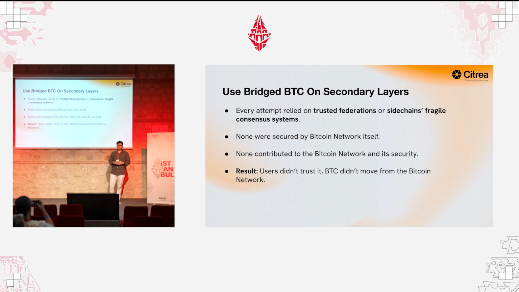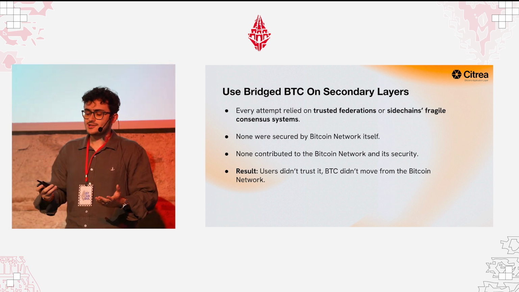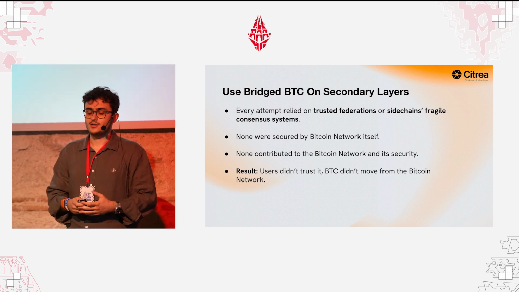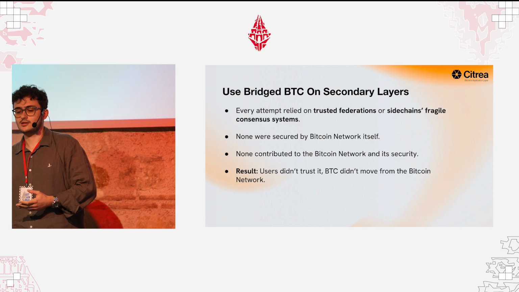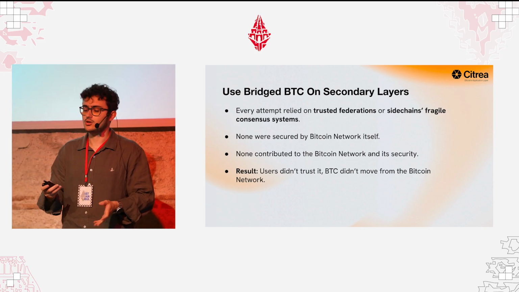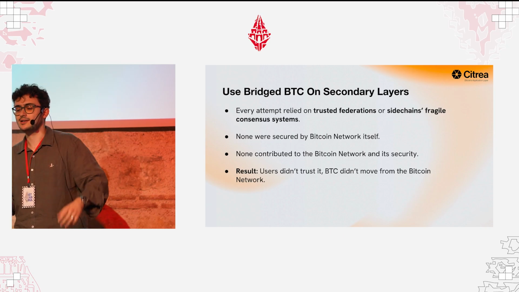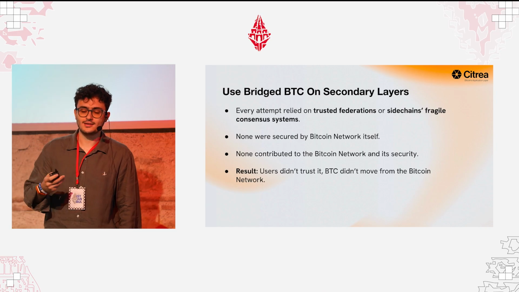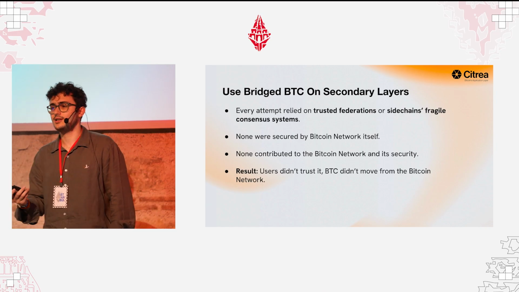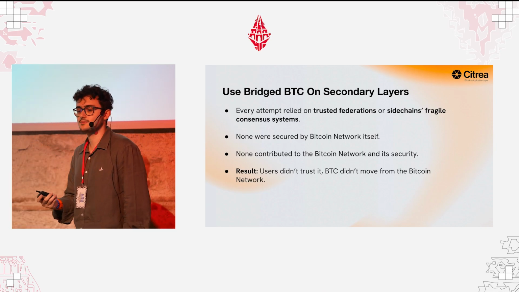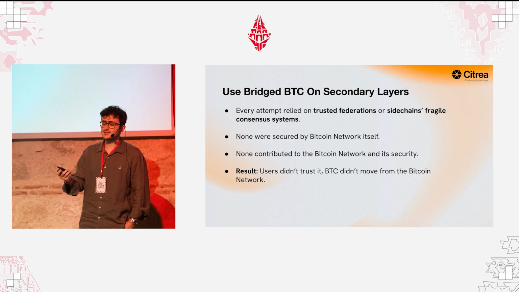Okay, so what's my next option? Of course, my next option would be to use bridged BTC on secondary layers. This has been tried many times. Liquid, Rootstock, I can't really name more now, but every attempt we had until very recently actually relied on trusted federations, such as multisigs.